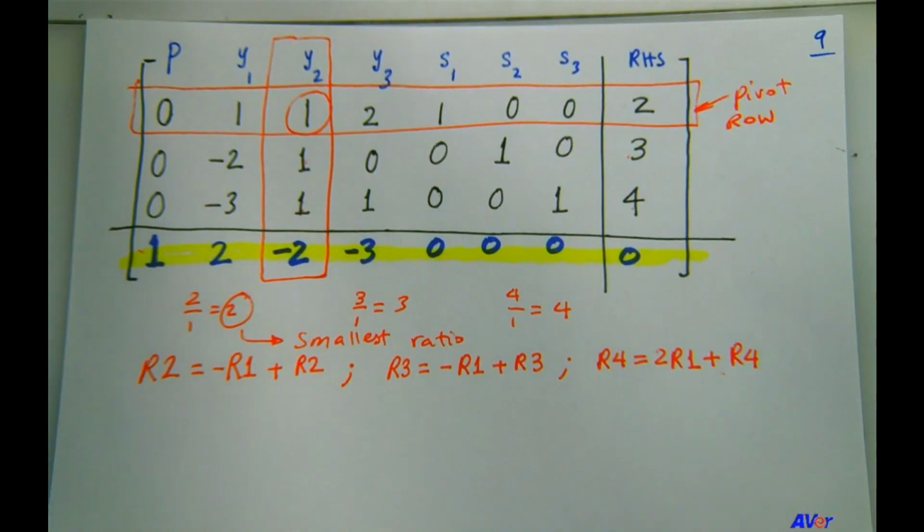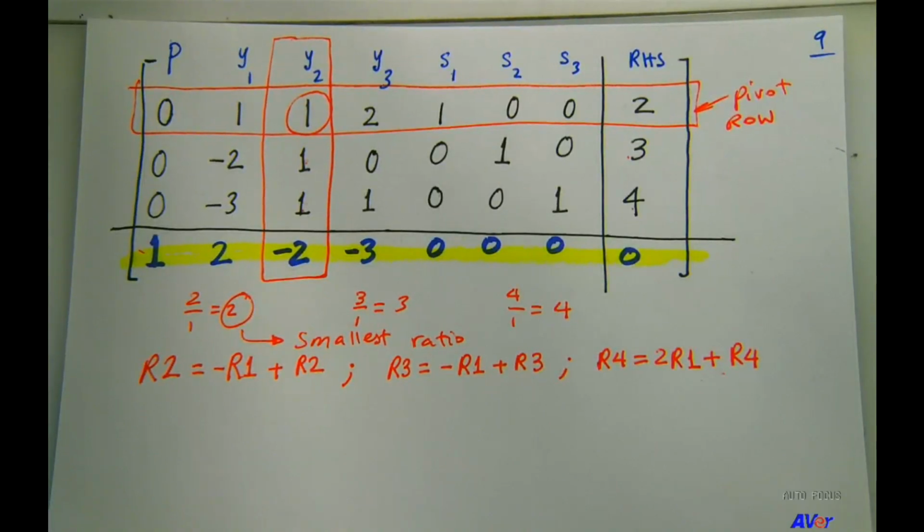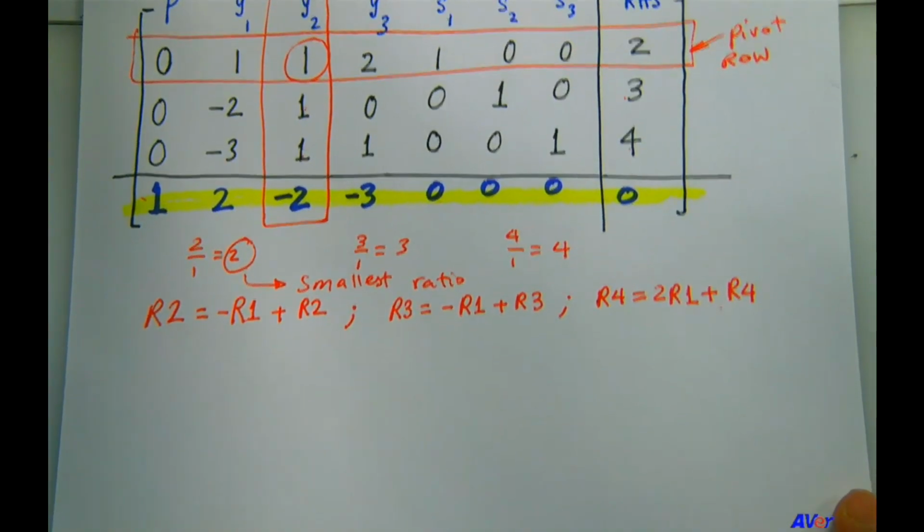Okay, so now that we have that, I think the screen is a little bit fuzzy, so let me try to focus it a little bit. Okay, that looks better. All right, so carrying out these row operations, let's do that next.